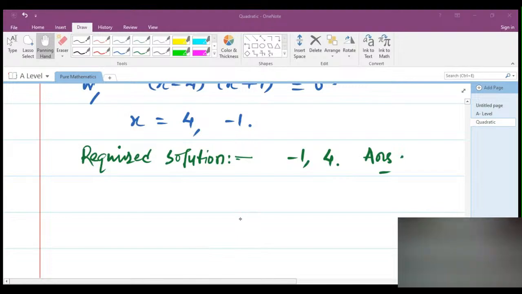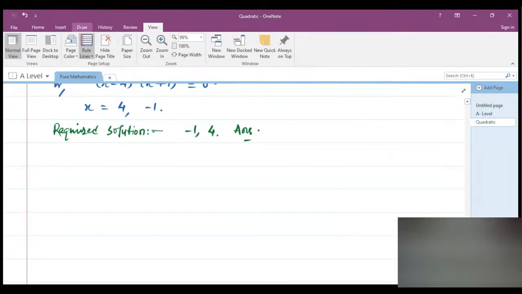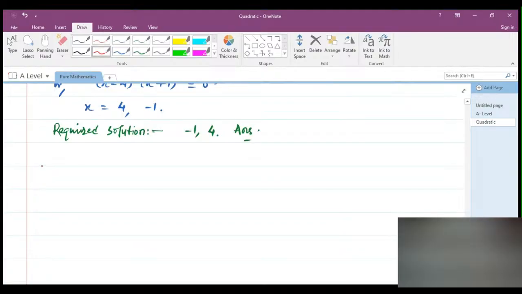Let's see the solution of the next question. So your next question is (5x+1)/4 minus (2x-1)/2.